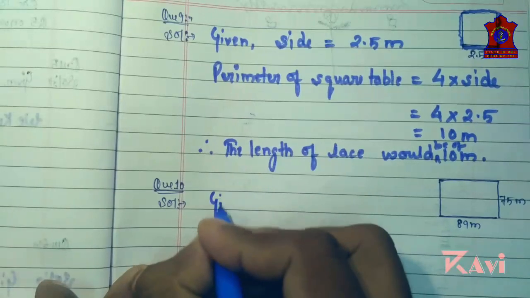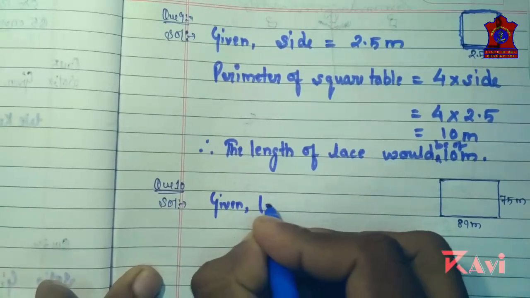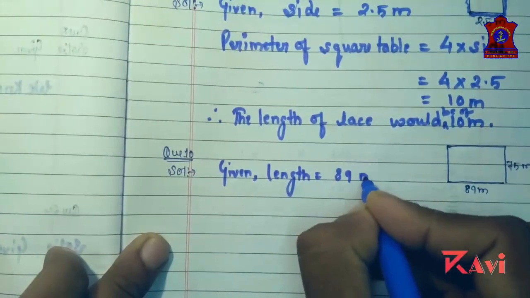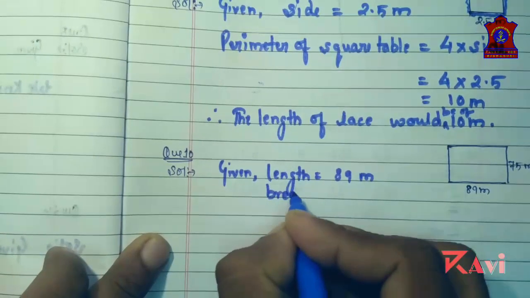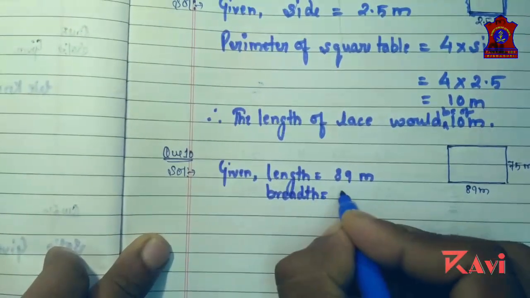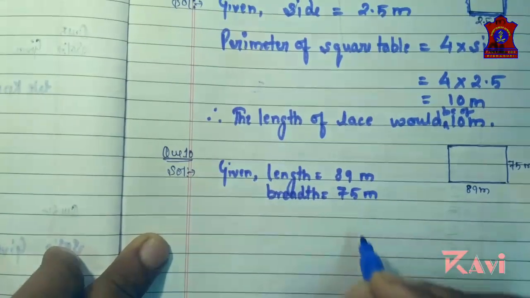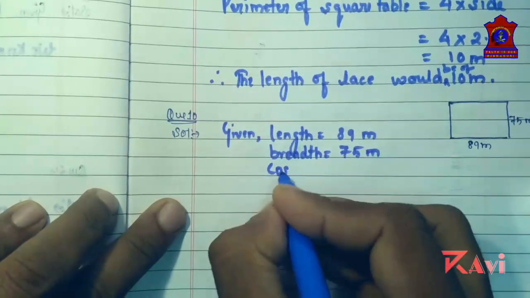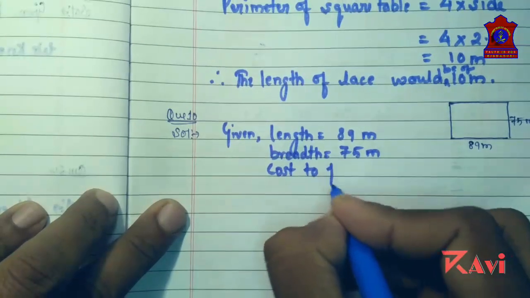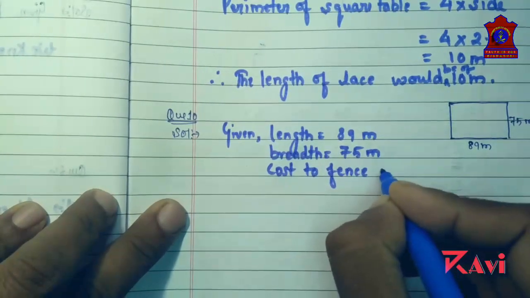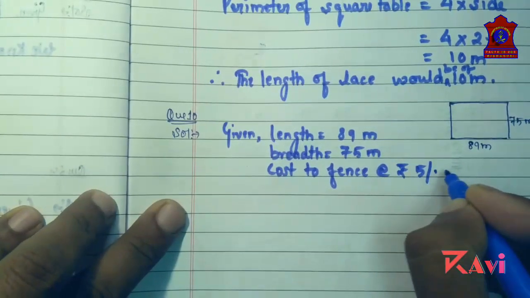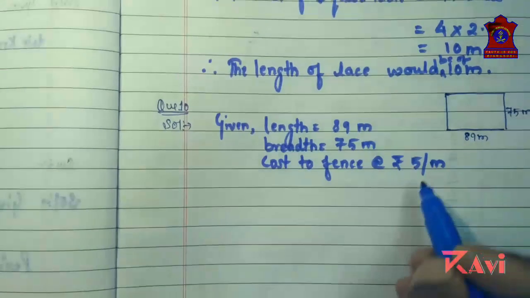Given: length equals to 89 meter, breadth 75 meter, and cost to fence at the rate of rupees 5 per meter. It is written 5 per meter.